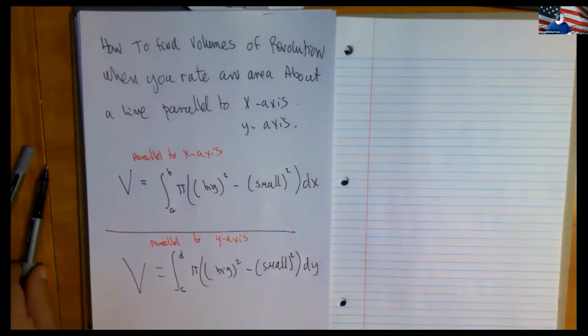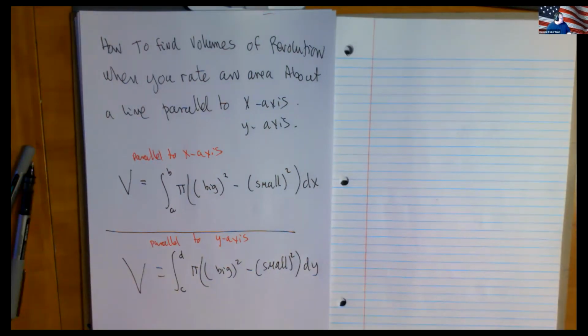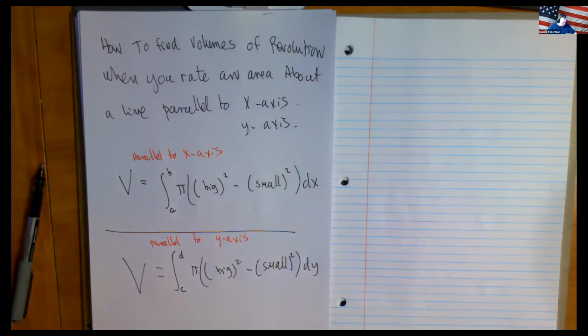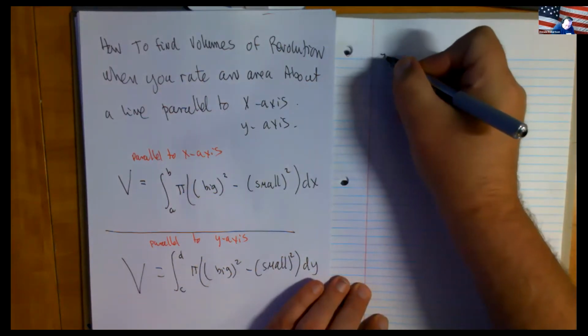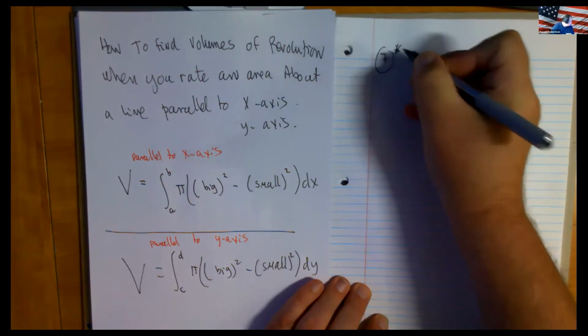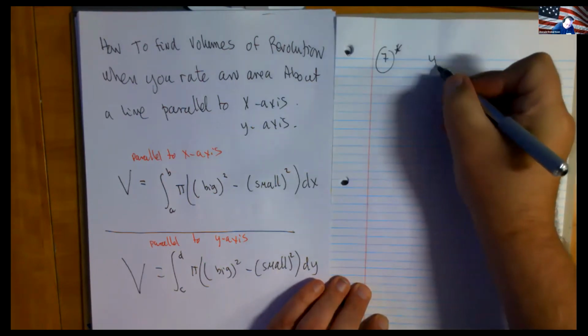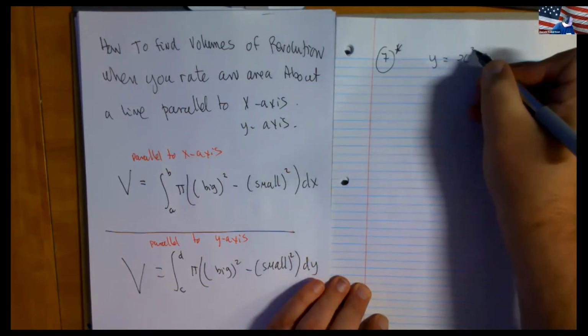So what did that type of question look like? Well, suppose I did, let's see, I want one that's, yeah, that'll do. This is a version of question 7. We're going to do y equals x squared.